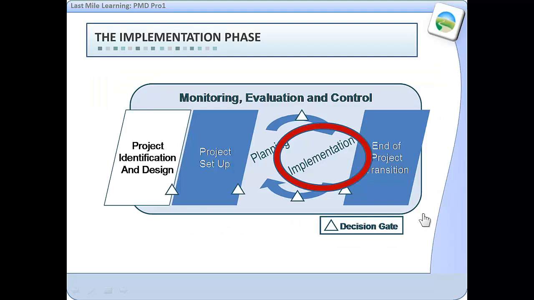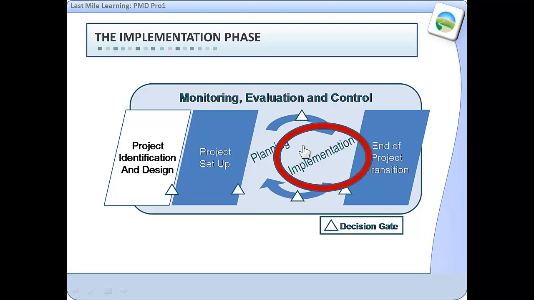So this circle shows where we are in terms of the phase model, as we call it now, the PMD Pro1 phase model. And remember that this is an iterative cycle between planning and implementation, and implementation is where we spend most of our time.